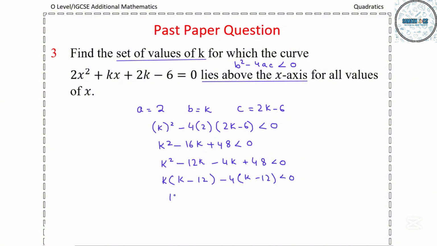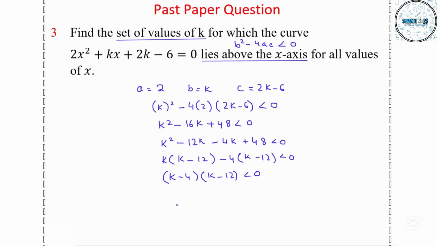Then we have (k minus 4)(k minus 12) less than 0. After that, we take out roots. So k minus 4 is equal to 0 and k minus 12 is equal to 0. k is equal to 4 and k is equal to 12.